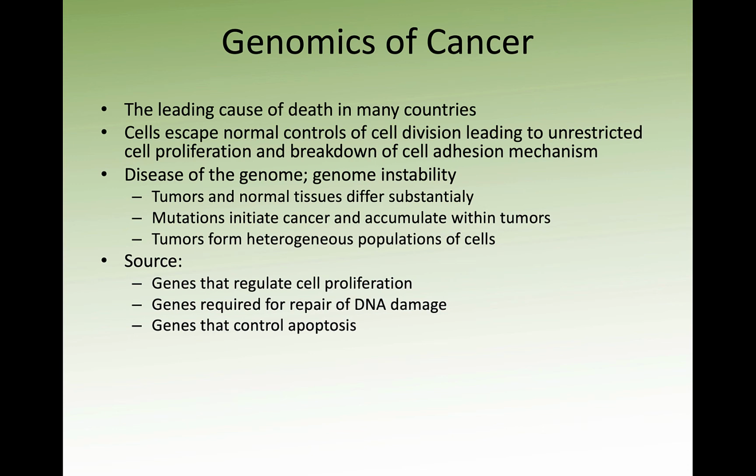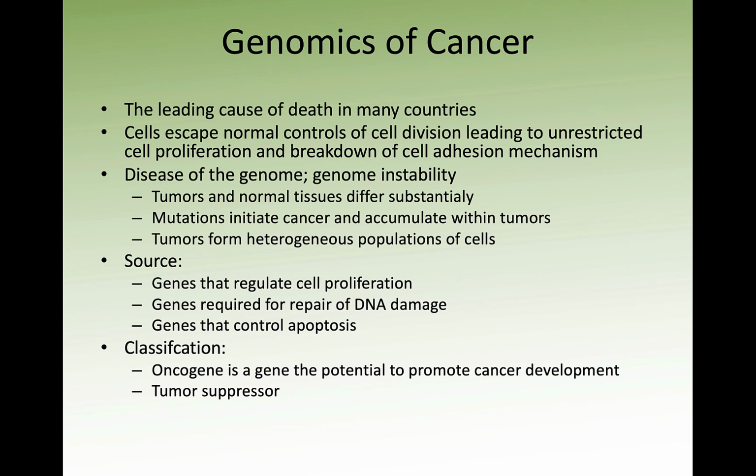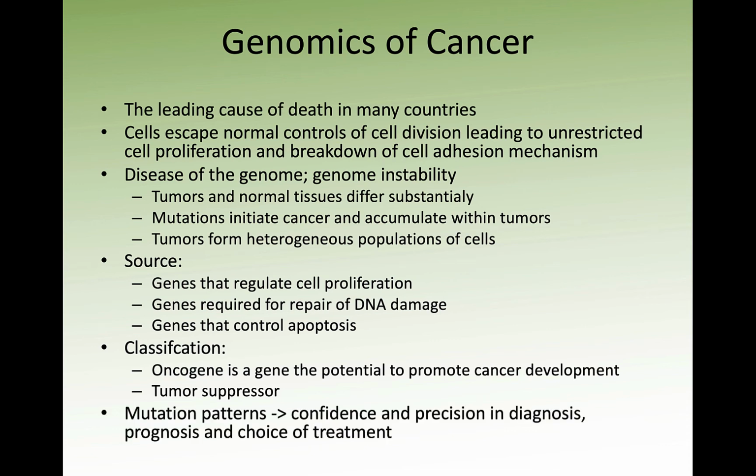So getting past all these different gateway things that would regulate cell growth, that would lead to apoptosis, that would control the accumulation of mutations. In the end, we end up with two main types of genes that we think are associated with cancer. These are oncogenes, which is a gene that has the potential to promote cancer development, and tumor suppressors, which act to suppress the cell cycle and keep tumors from forming.